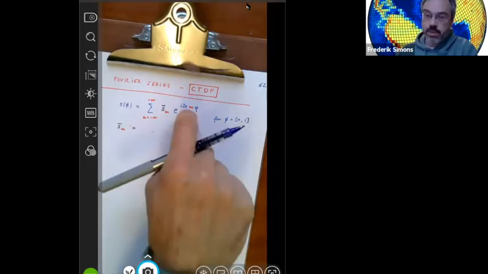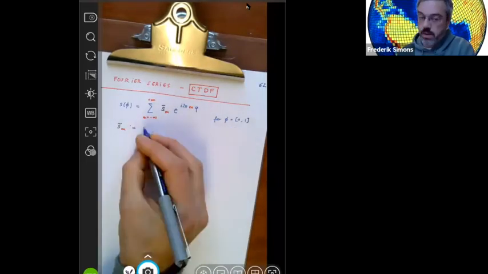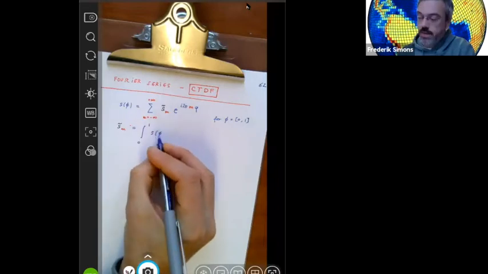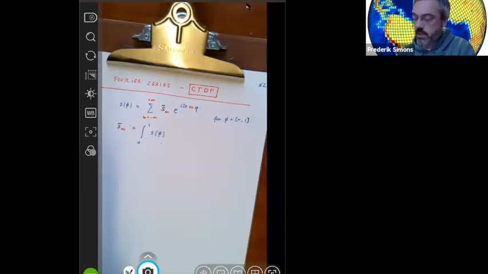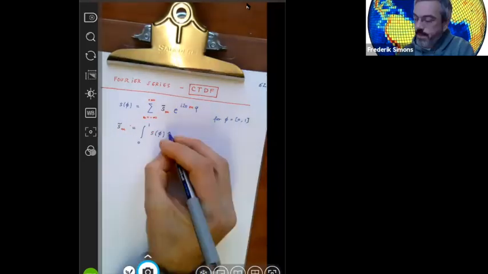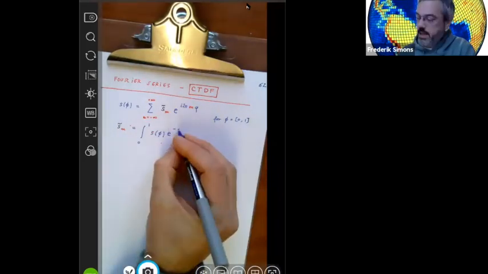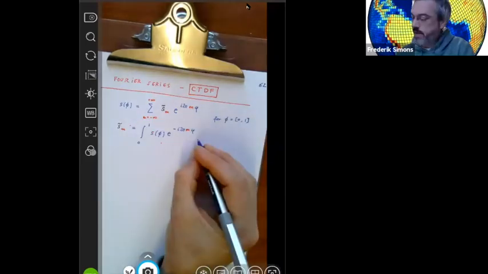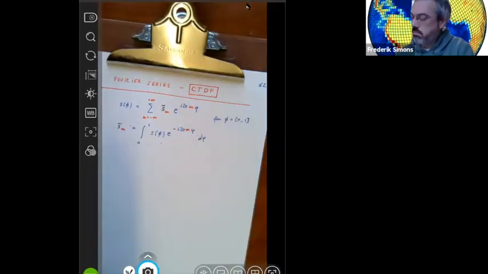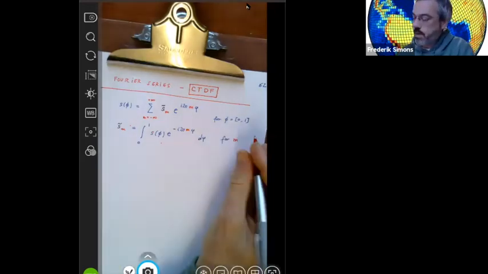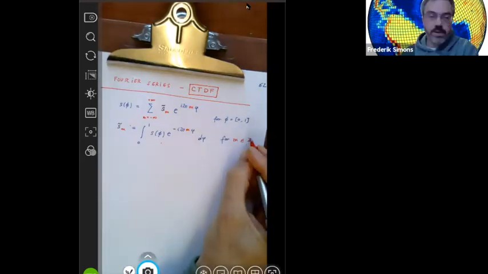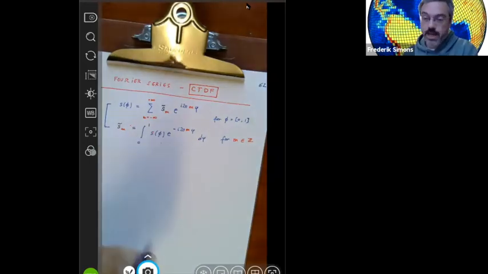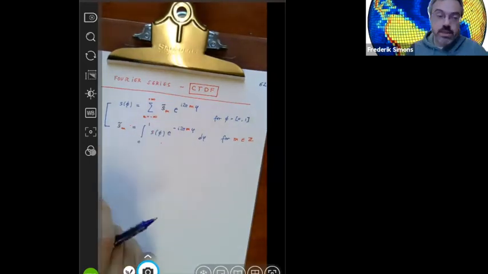I pull out this coefficient, and the result is the integral from 0 to 1 of S of phi times the target, complex conjugate as it may be, e to the negative i 2 pi n phi d phi. And that is for all m natural numbers. I always forget what that's called. All right, so this is a Fourier pair, and it's a restatement of what we've been having.